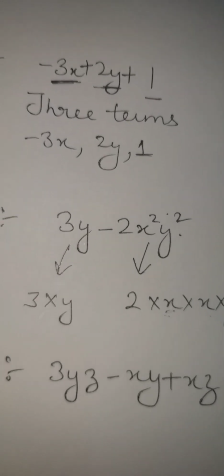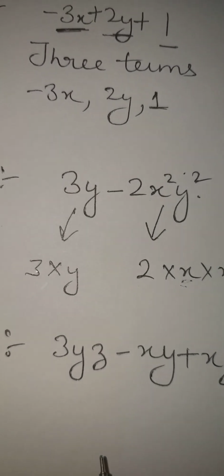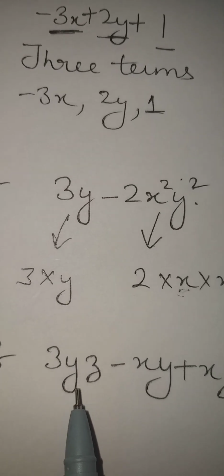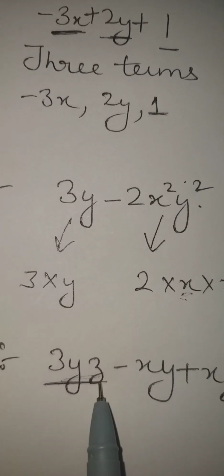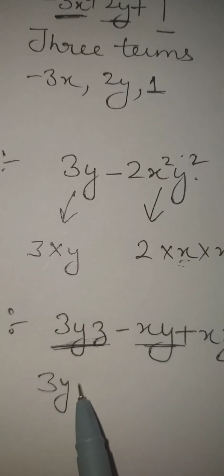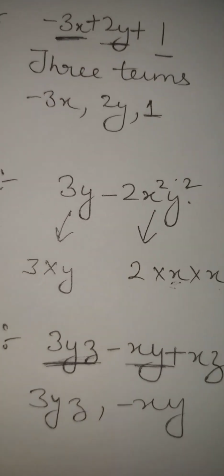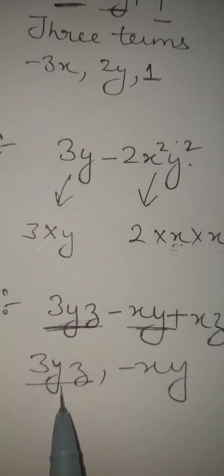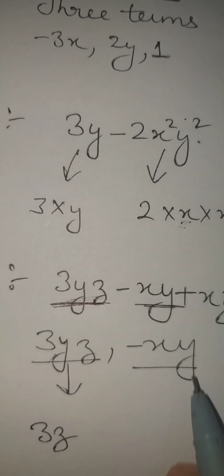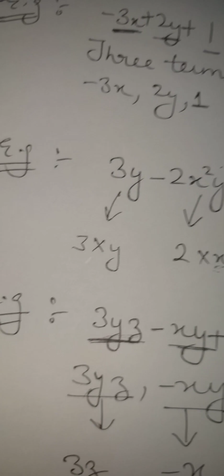First of all, we have to identify which terms are containing y. So this term and this term contain y. So the coefficient of y in this term is 3z, and the coefficient of y in this term is minus x. I hope you will understand this.